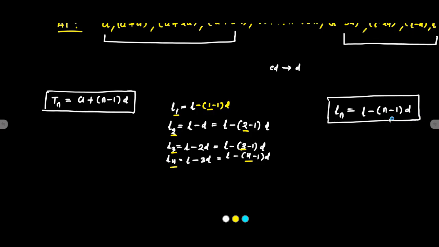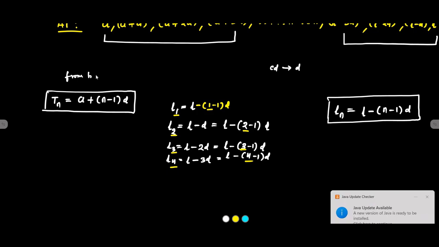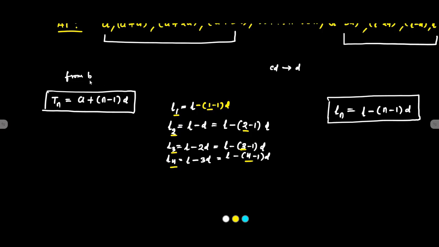This is from the beginning, this is from the end, from the last. The nth term from the beginning, from the first, and this is the nth term from last. Okay, so now we'll be solving some questions related to this.